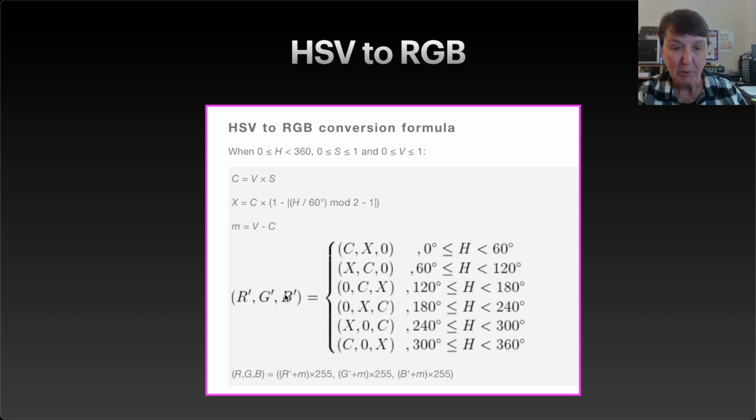Those are normed on a 0 to 1 scale, and then you scale them back onto the 0 to 255 scale if that's what you need. So you could certainly take this and just code it, but when I looked at this, I was like, what is this X, and why are we doing H divided by 60 mod 2, and taking an absolute value?